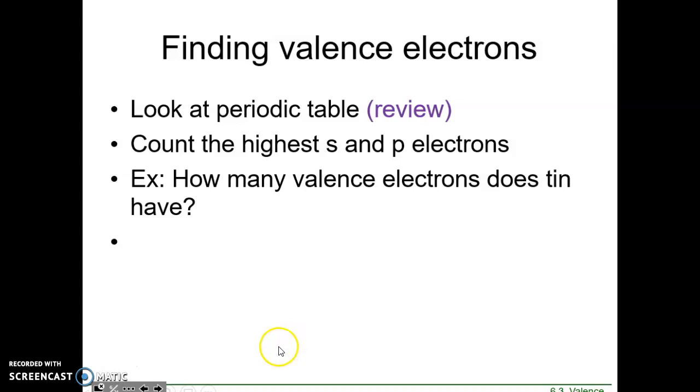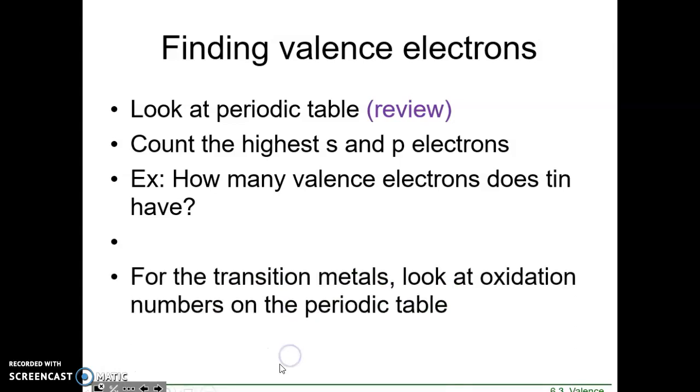Another way is looking at its highest S and P electrons. And we will do that momentarily. Please write this down. This is for the S and P block, the main block elements. For the transition metals, the D block, you're going to have to look at the oxidation numbers on the periodic table.